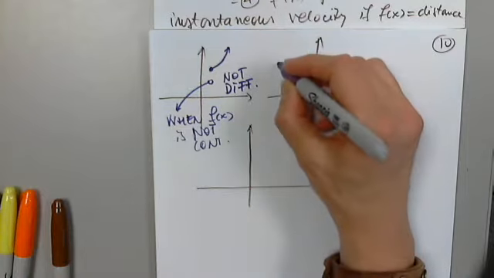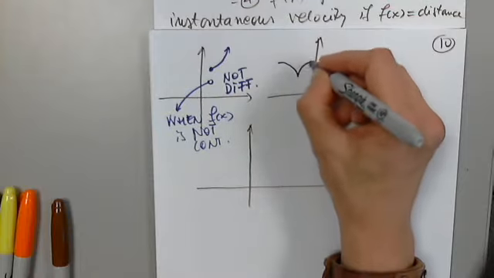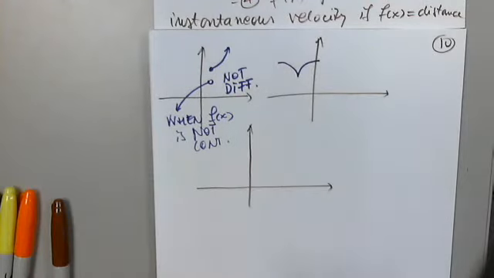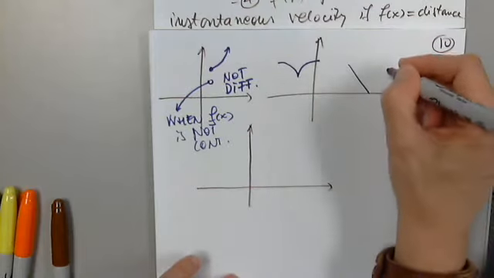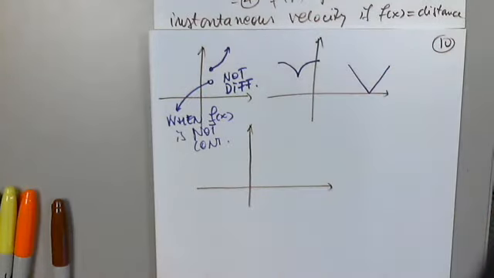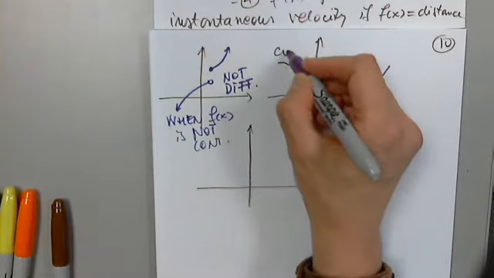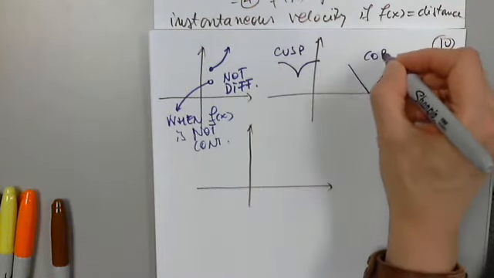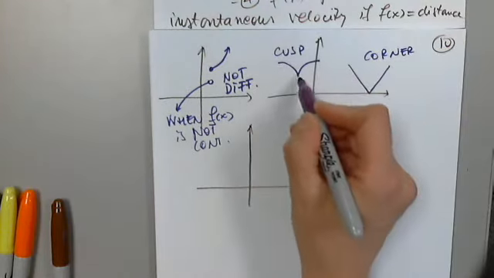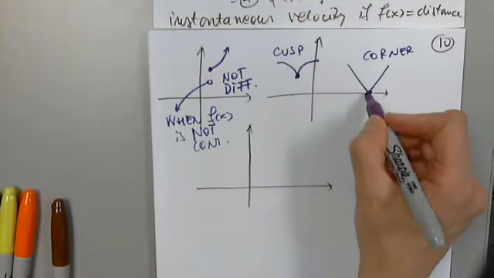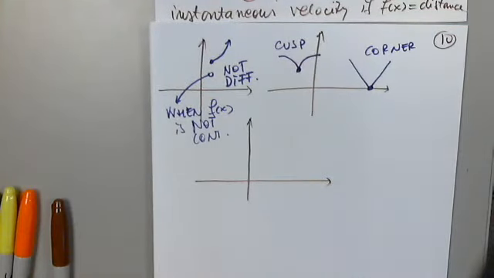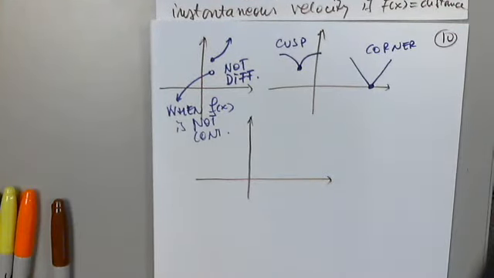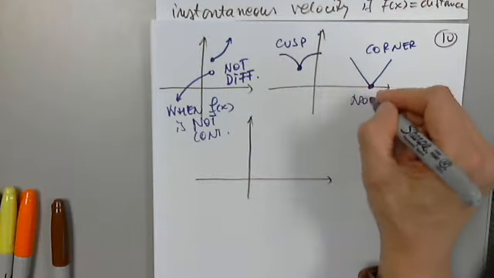Here is a second type. It's going to be the same thing, discontinuous. When a function has a cusp or a corner at this point and this point, although it's continuous, the function is not differentiable.